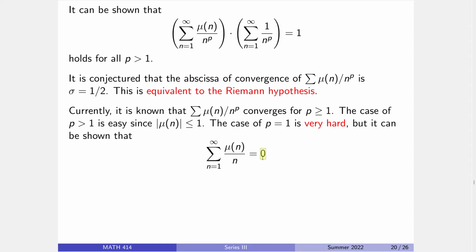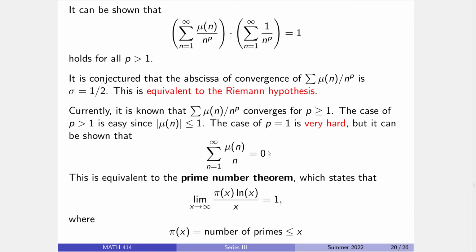But getting that it's actually equal to 0 is incredibly difficult, and in fact it's equivalent to a very famous theorem, the prime number theorem, which states that this limit is equal to 1, where pi of x is the function that spits out the number of primes that are less than your number x.